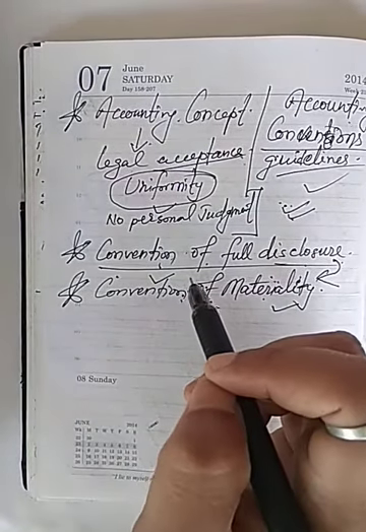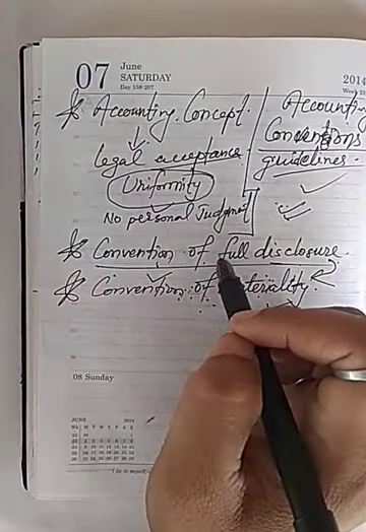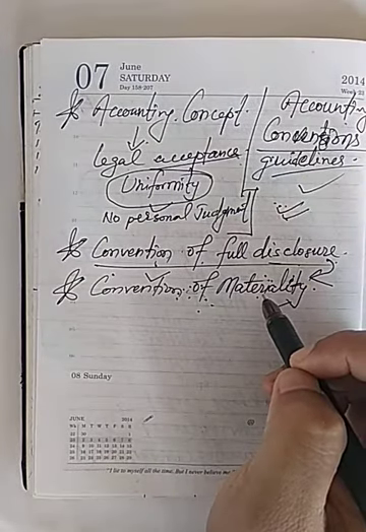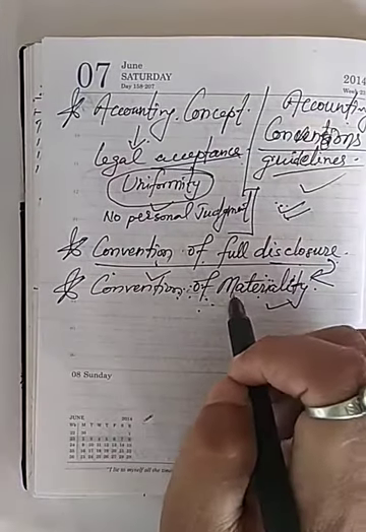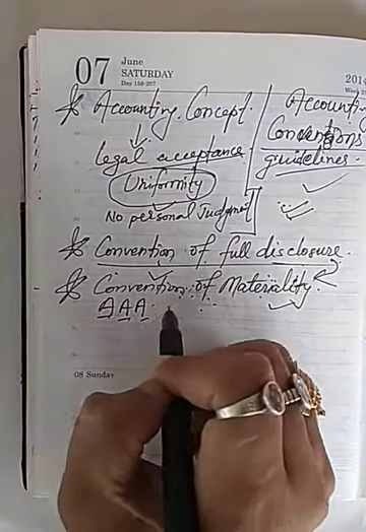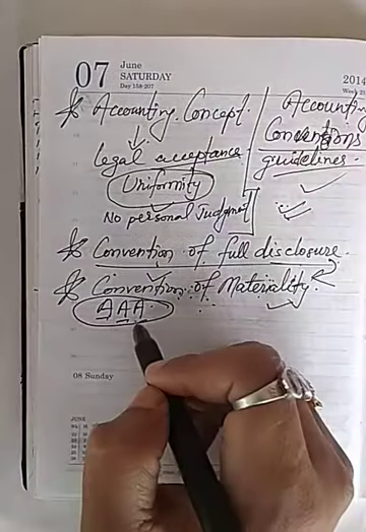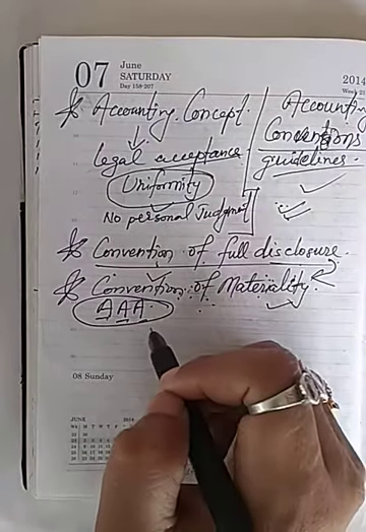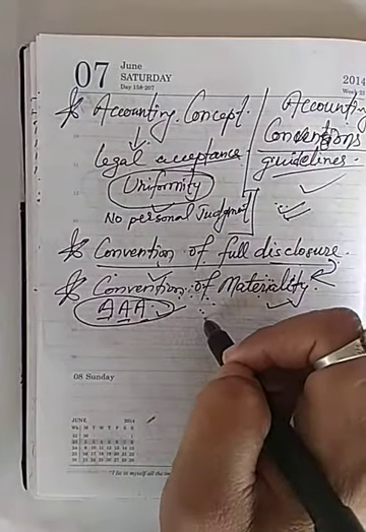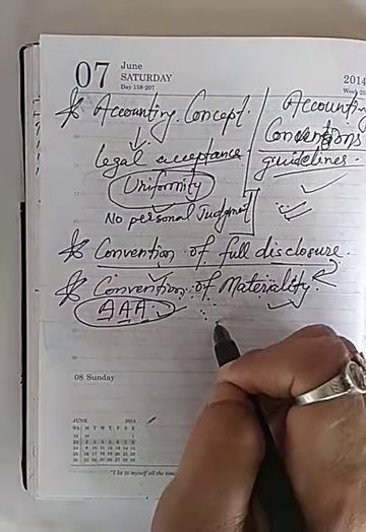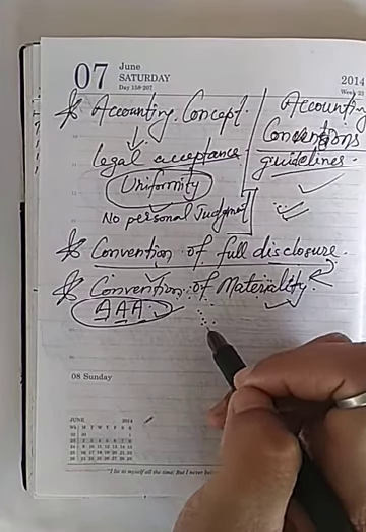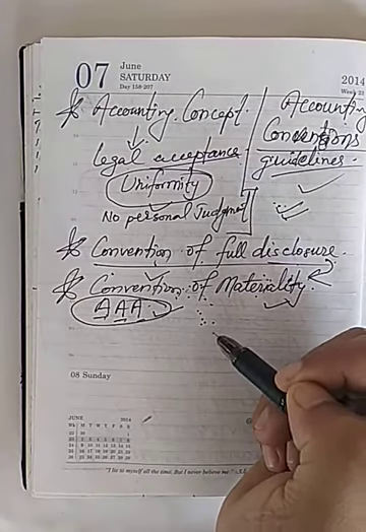Otherwise, accounting statements will be unnecessarily overburdened. The American Accounting Association, AAA, defines the term materiality as: an item should be regarded as material if there is reason to believe that knowledge of it would influence the decision of an informed investor.